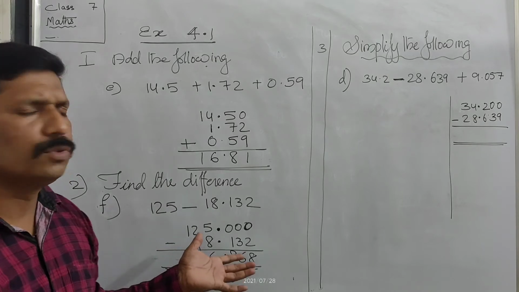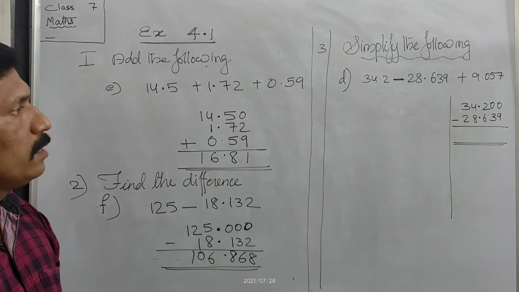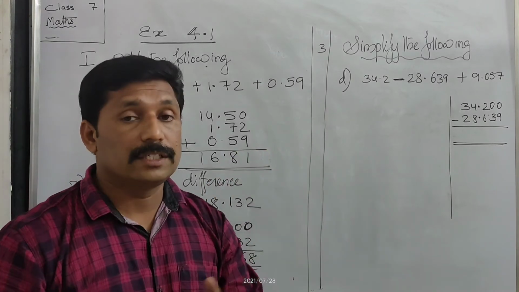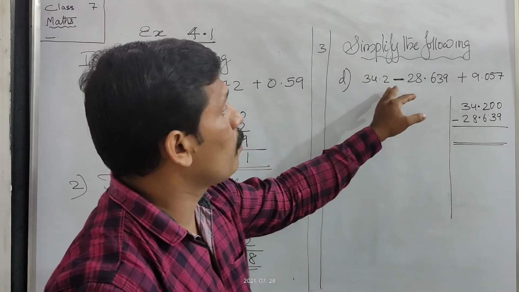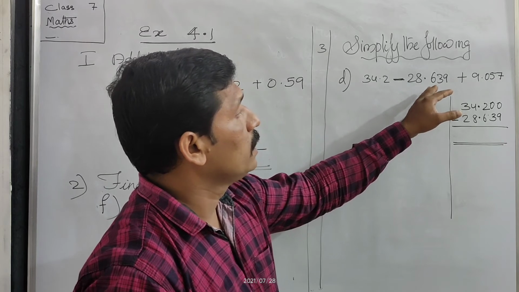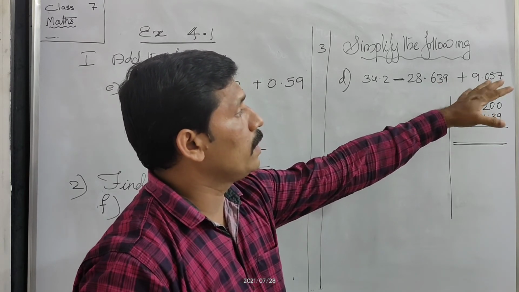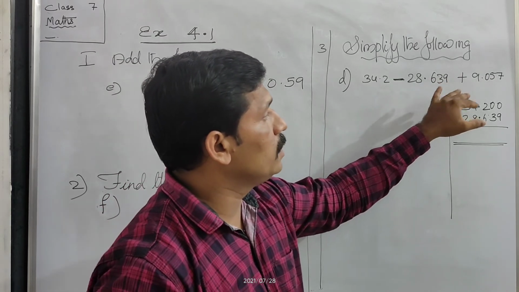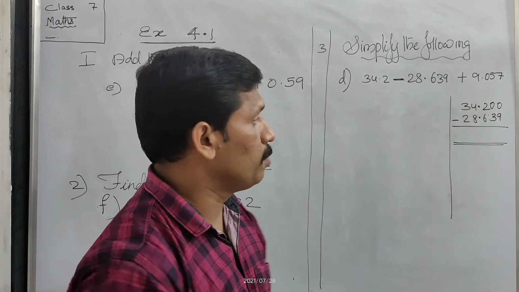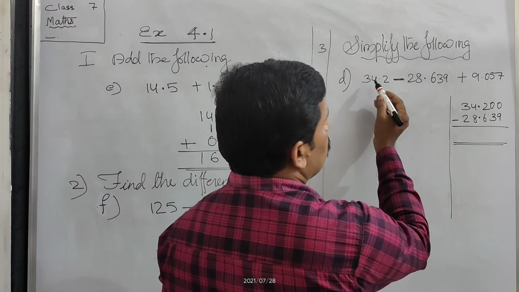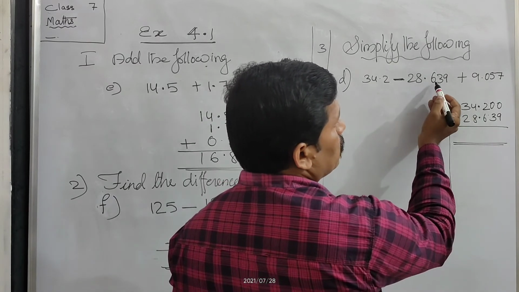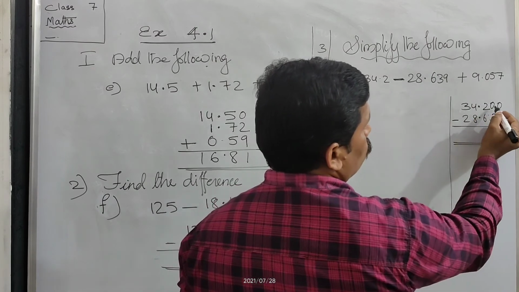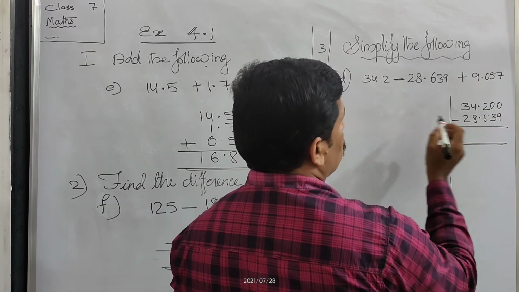Now let us move to the next question: simplify the following. Simplification means it includes subtraction and addition together. So here, 34.2 minus 28.639 plus 9.057. First we subtract these two numbers, and with this result we add the next number. First we subtract 28.639 from 34.2. Here there are 3 decimal places but in 34.2 only one, so we put 2 zeros and make them alike.